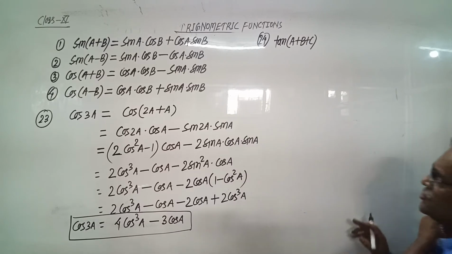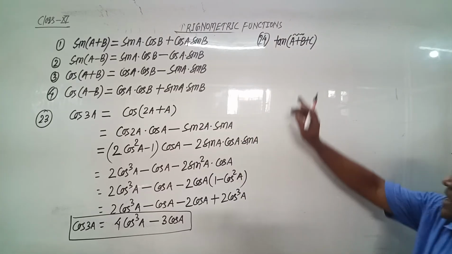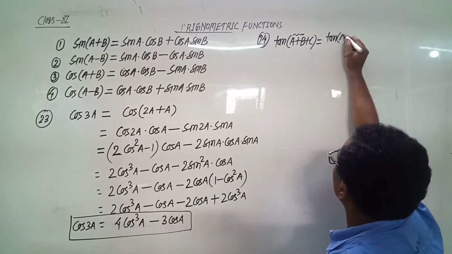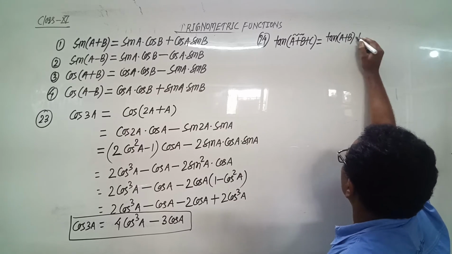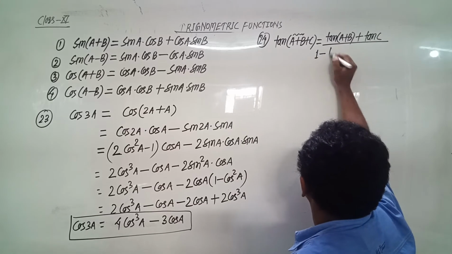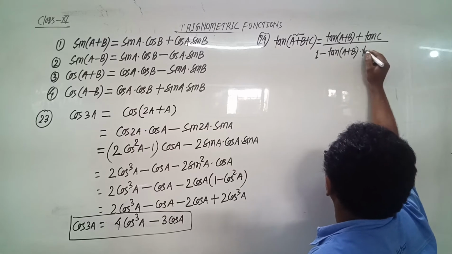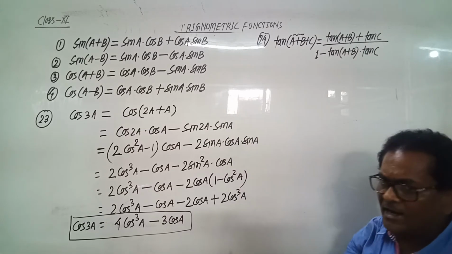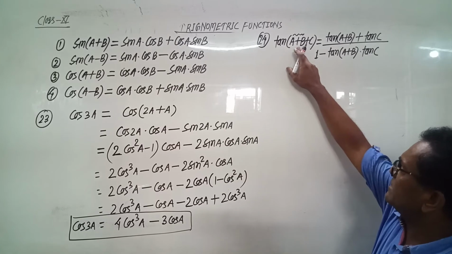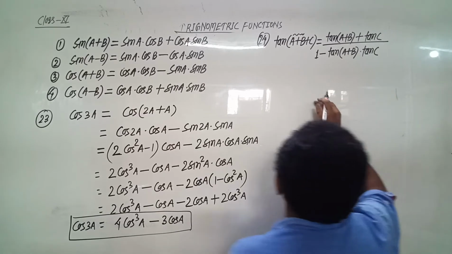So we suppose A plus B as a single term, and we use the formula tan(A plus B), which is written as tan A plus tan B upon 1 minus tan A into tan B. Taking A plus B together, we suppose it A, so tan(A plus B) and B is C.